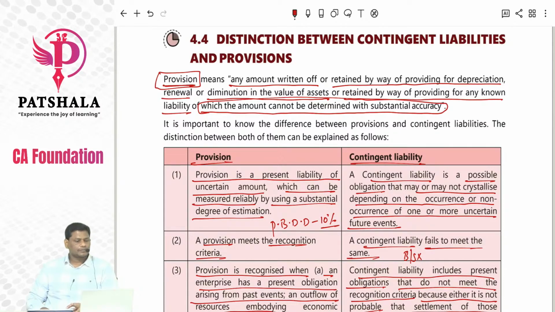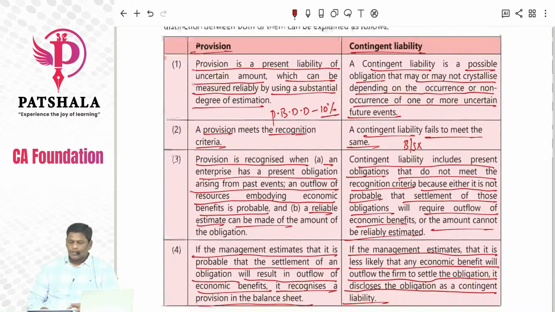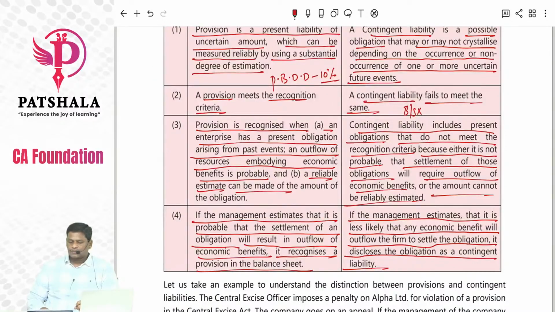Understood? Next point, a provision meets the recognition criteria. Recognition criteria means yes, it will fit in the balance sheet.